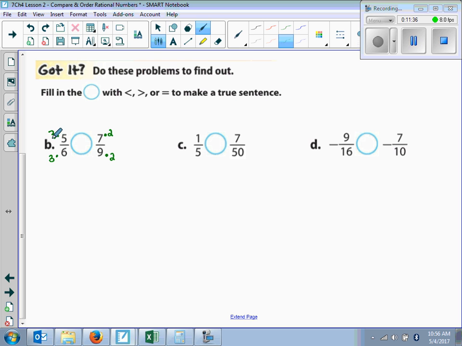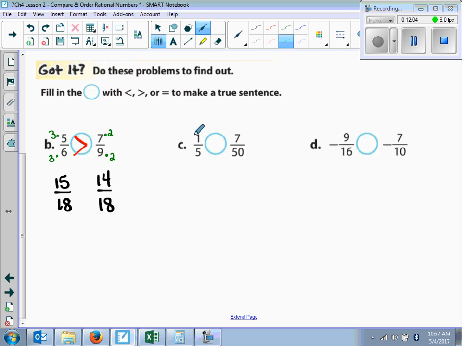Then you rewrite. Our new fractions are 15/18 and 14/18. Now we have apples and apples, and now we can compare. So what symbol will go in the circle? Very good.